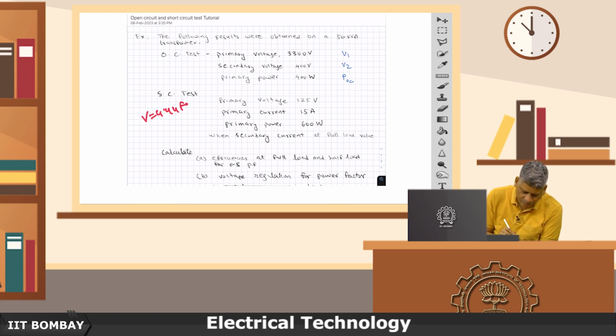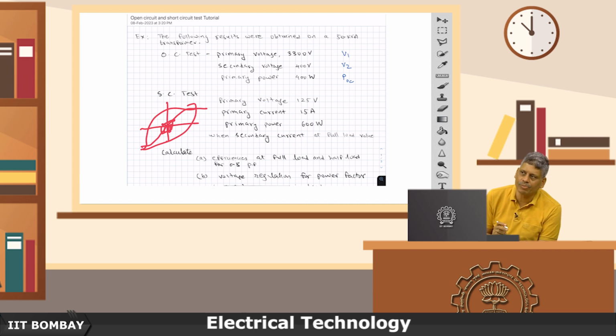And V is equal to 4.44 f phi m n. So, if V is 1/20th of the rated value, phi m will be 1/20th of the rated value. If phi m is 1/20th of the rated value, then if this is the normal hysteresis curve, the hysteresis curve during this test will be of such a small size.